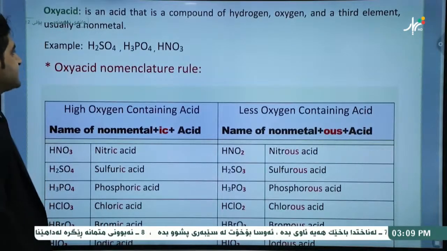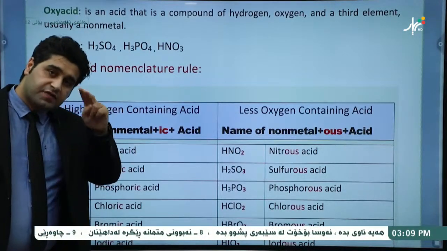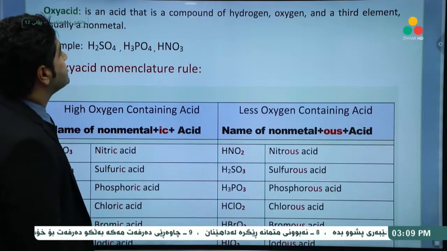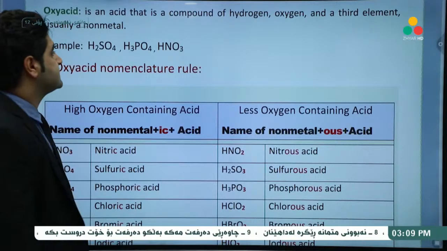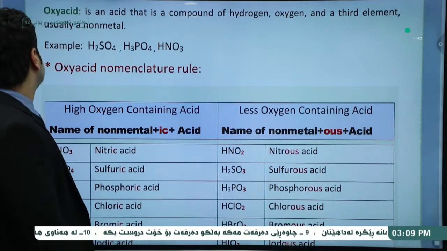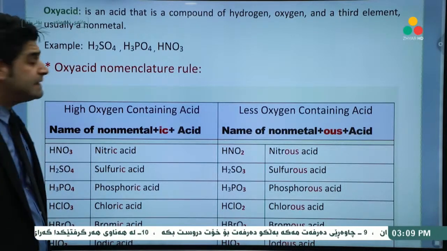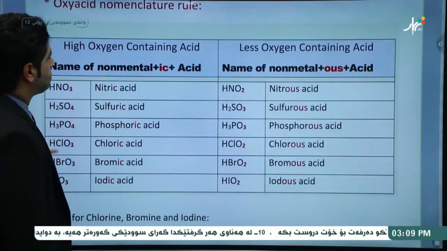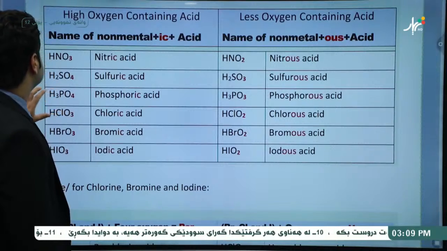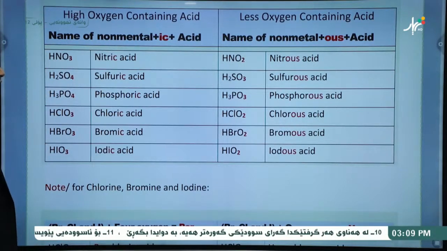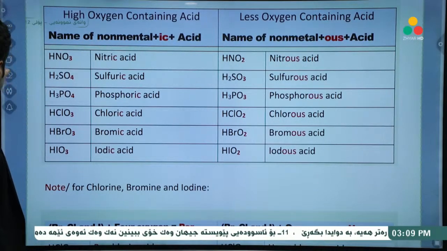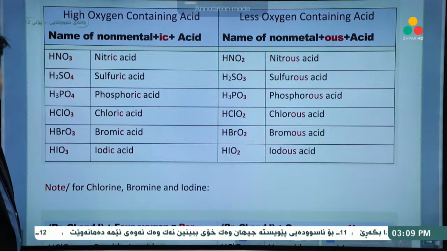An oxyacid is an acid that contains a third atom, which is oxygen. So we have hydrogen, oxygen, and a third element, which is usually a nonmetal. For oxyacids, we have a specified system for naming them. Hopefully you remember that because you learned it in grade 11, chapter 1.